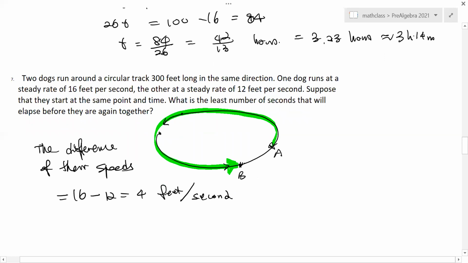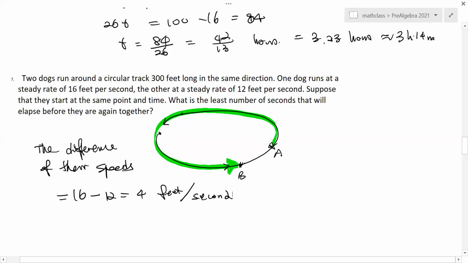That means the distance between A and B around that other side is decreased by 4 feet per second.